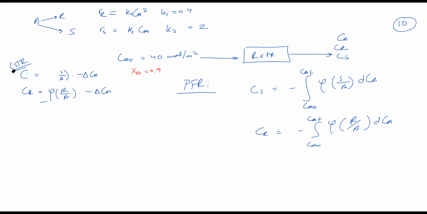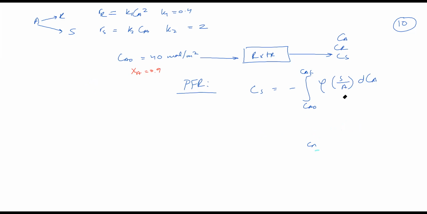Okay, so I'm going to remove this guy right here, because we need some space to work. So let's calculate the first expression, which is the outlet concentration of a PFR for Cs. So I need the instantaneous yield, or instantaneous fractional yield, in order to do this.